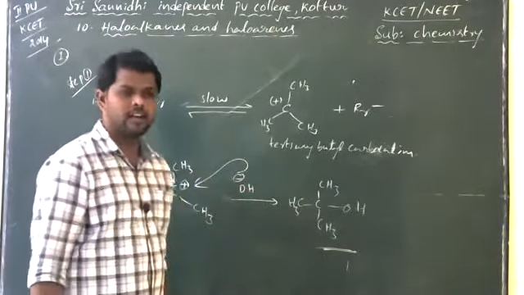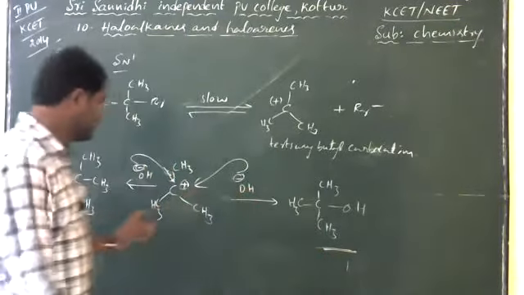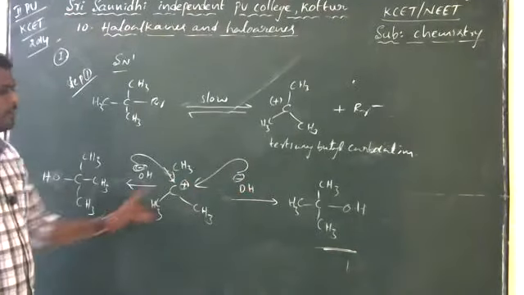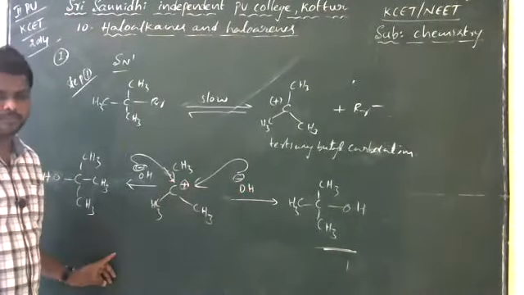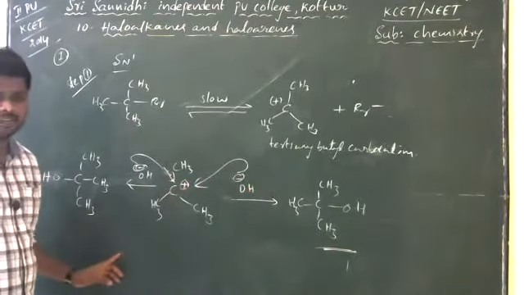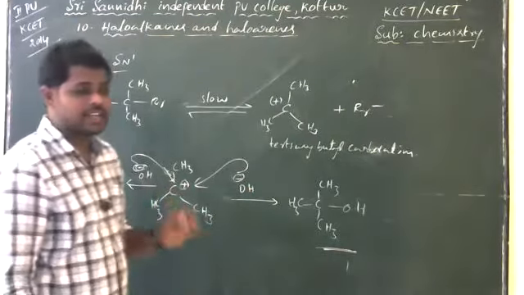That is tertiary butyl alcohol. But if you look at the upper side and lower side, these two products are mirror images of each other, and that is called the racemization process.